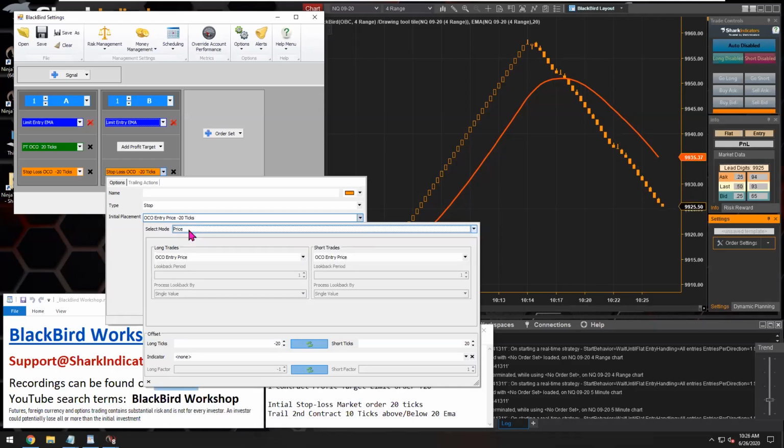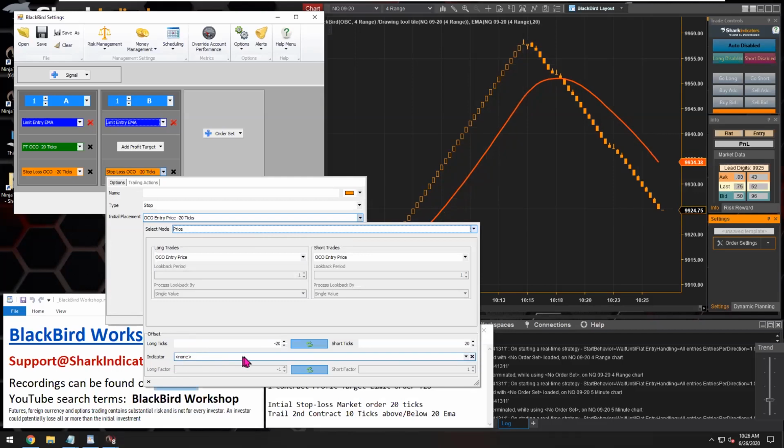All right. So just remember this indicator down here, it's in the offset section, right? So this indicator is used for calculating an offset from the price that's selected up here. If you're wanting to follow a moving average, well, a moving average actually is not an offset.